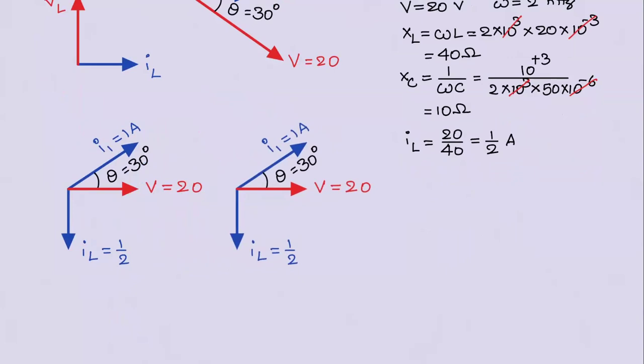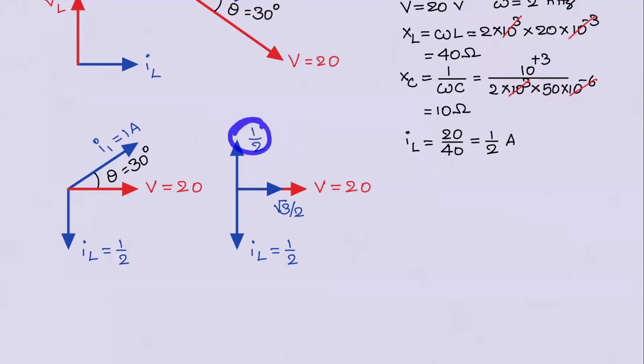After resolving, there are two parts. What is the parallel part? I cos 30, I root 3 by 2. I sin 30, what is the value? 0.5, I into 1 by 2. So this is 1 by 2.